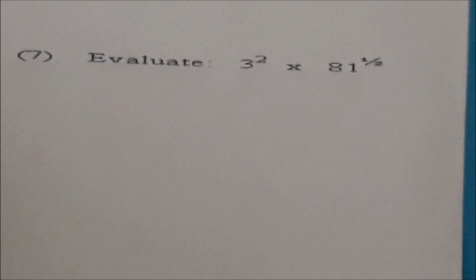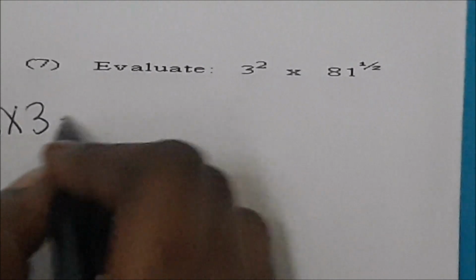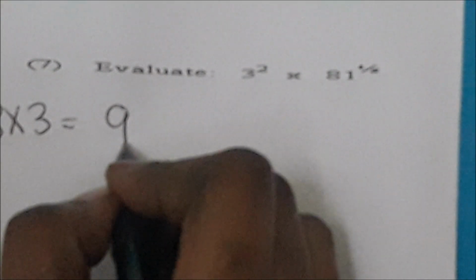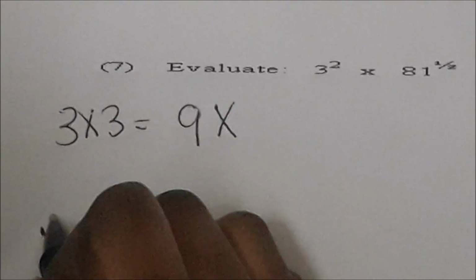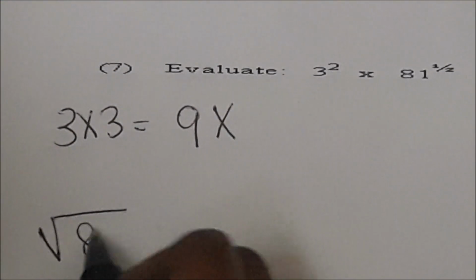Evaluate 3 squared times 81 raised to the power half. Go ahead, work it. 3 squared, which is simply 3 times 3, is equal to 9, times 81 raised to the power of half. Because this is raised to a fraction, in this case half, we can write this as the square root of 81.